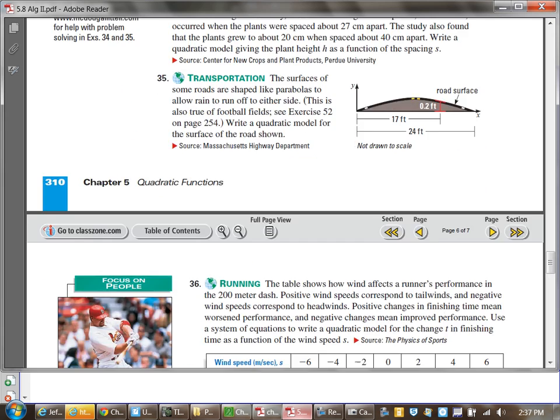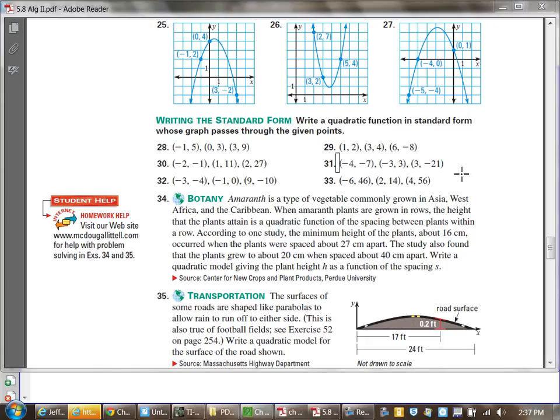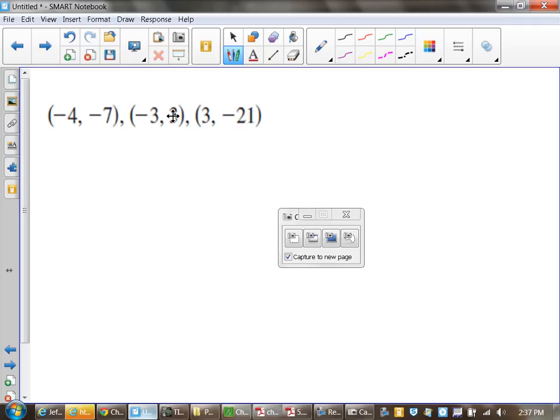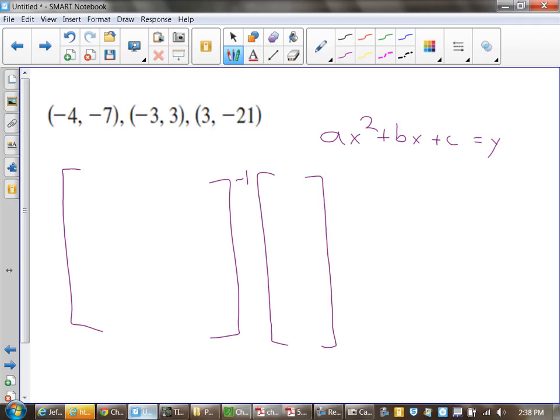And then lastly, looking at the one with the matrix, remember if you're dealing with 3 points like this, you want to get it into the form of ax squared plus bx plus c is y. You're creating the matrix. You're taking the inverse, you're multiplying it by something, and it's going to spit out your A, your B, and your C. What goes in that first column?